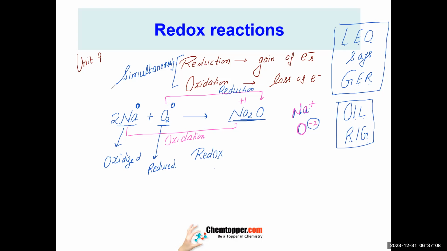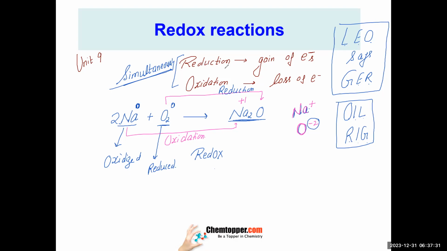There is no existence of reduction without oxidation, and no existence of oxidation without reduction. Electrons will never be in the solution or in the air. They are always within the atom, within the ion, right? So that's the meaning of oxidation reduction.